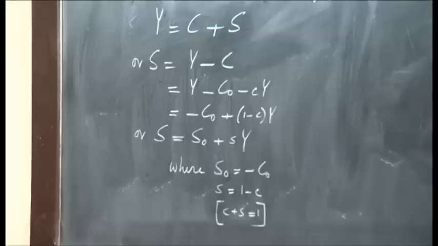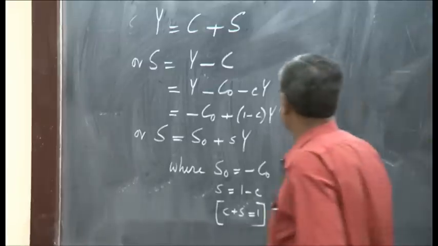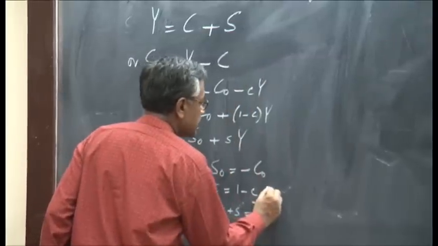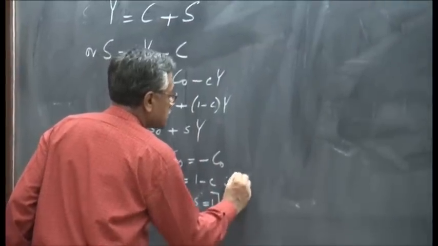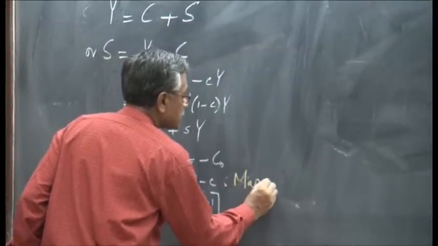And in that induced part, you also have the marginal propensity to save, just like the marginal propensity to consume. This small s is nothing but the marginal propensity to save. Like small c is the marginal propensity to consume, small s is the marginal propensity to save.